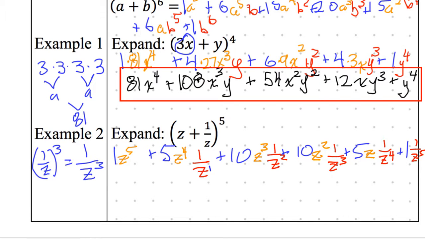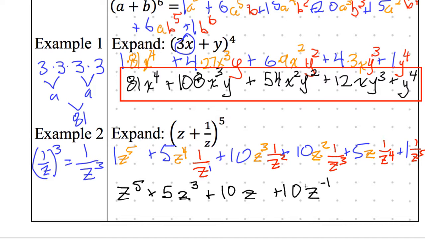So my final answer here is z to the power of 5 plus 5z to the power of 3 plus 10z to the power of 3 minus 2, which is just z, so it's just the power of 1, and then plus 10 times z to the power of negative 1, or I could have left this as 10 times 1 over z.